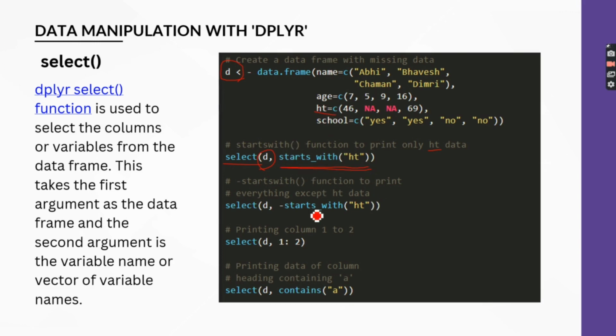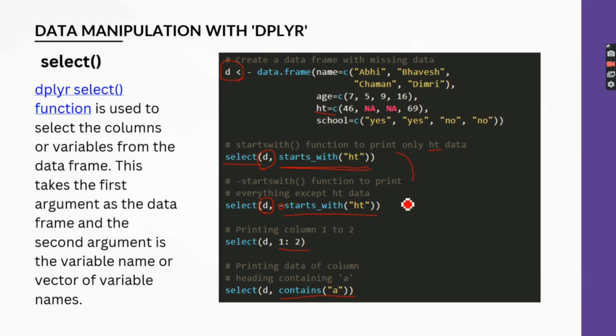Then we tell select to take details from the data frame that do not start with HT, using a minus here, which does the work of removing. Then we select from column 1 to 2. Then we print headings that contain A.